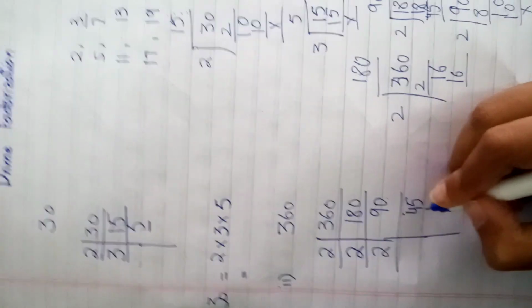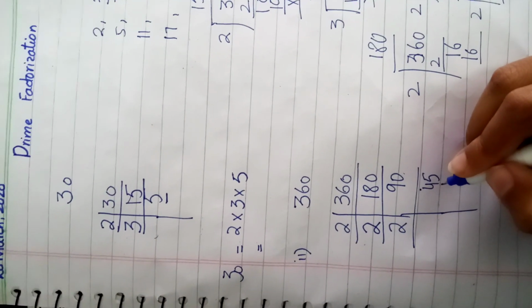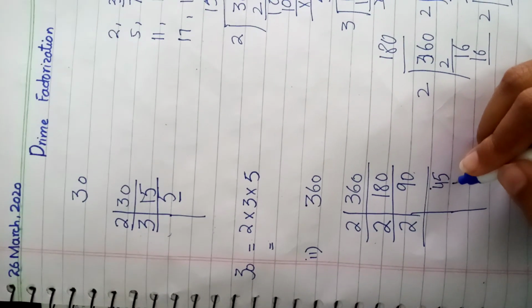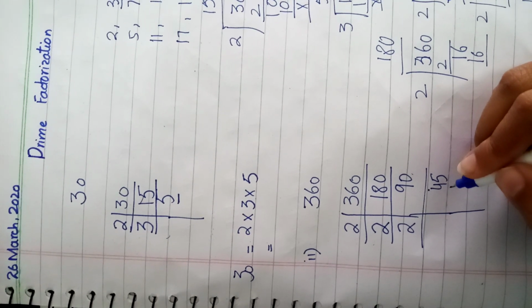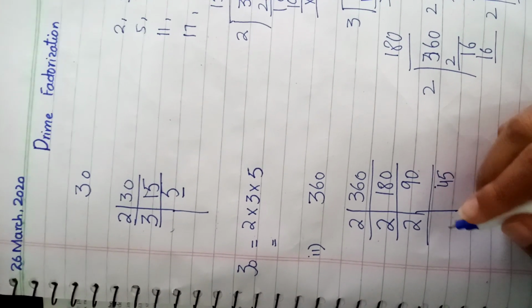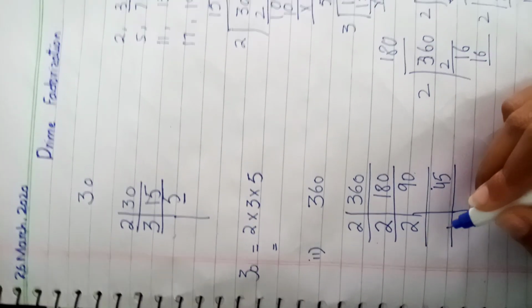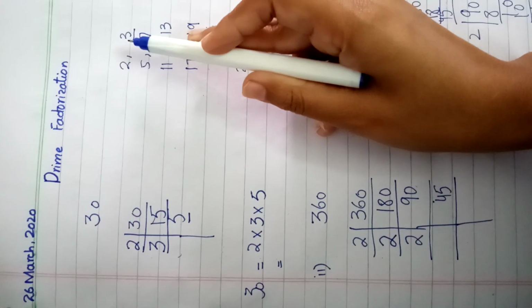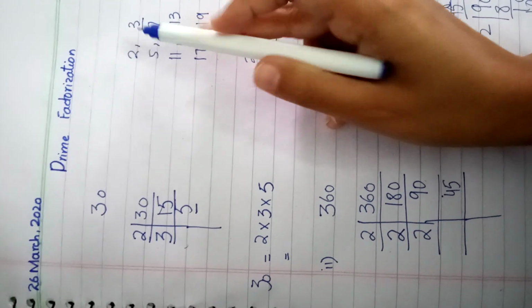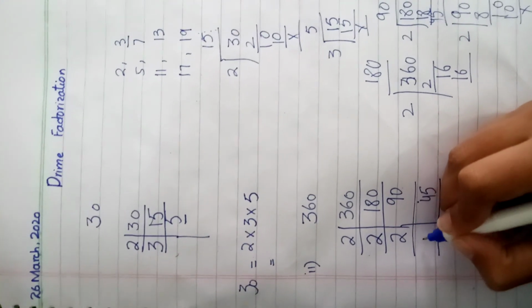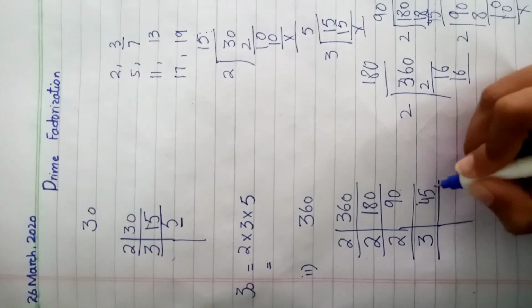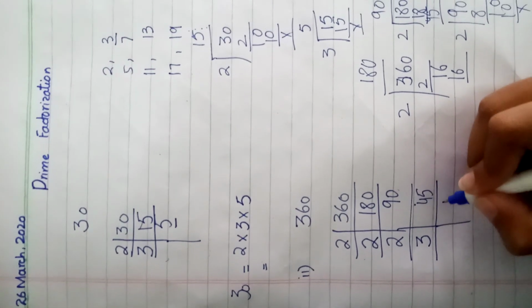Is 45 a prime or composite number? Yes, 45 is a composite number, so we have to continue the question. But 45 is not divisible by 2, so we consider the next prime number. We take 3 here and divide 45 by 3.